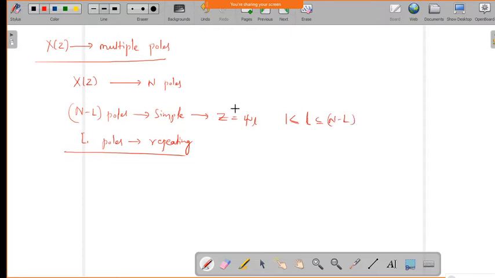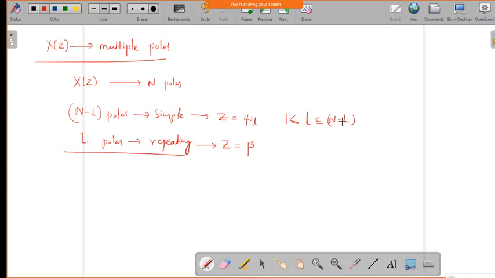So say n poles are there, and out of n poles, l poles are repeating and the remaining n minus l poles are simple at z equal to psi l. The repeating value is say beta. So if l poles are repeating at z equal to beta, the remaining n minus l poles are situated at z equal to psi l, where l varies from 1 to n minus l.